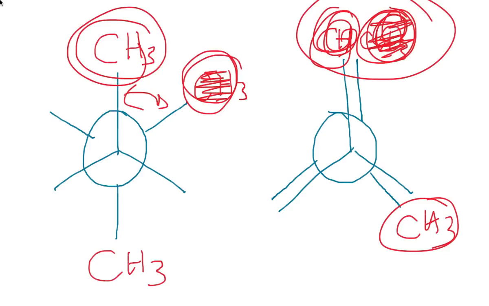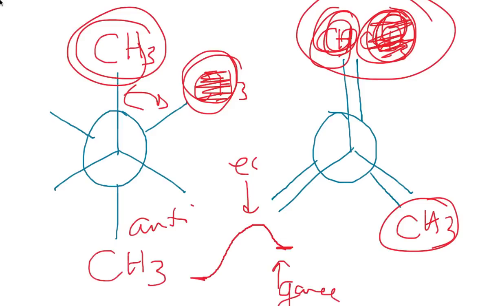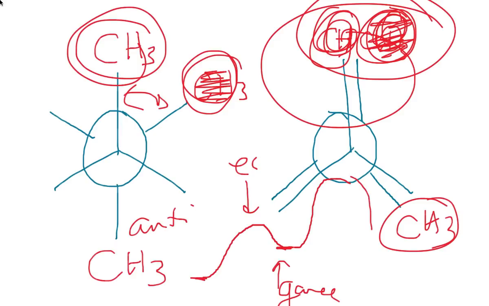Yeah, so remember, in butane we looked at the fact that if it's the anti here, that's the lowest energy, and then we rose in energy to a gauche conformation and then to another, this is eclipsed, this is staggered gauche, and then up to this position, which is the highest energy position, down to staggered, eclipsed, and so on.